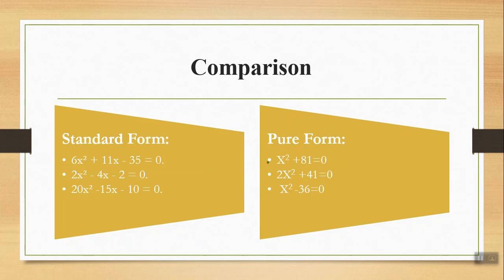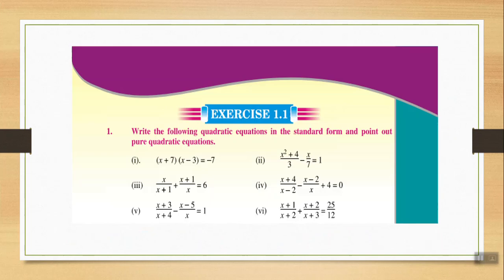Now have a look at your first exercise, exercise 1.1, question number 1, in which you just have to convert the equation into the standard form and point out the pure quadratic equation. There are totally 6 parts of question number 1, and all the questions are different, so there is no hard and fast rule to convert these questions into the standard form.